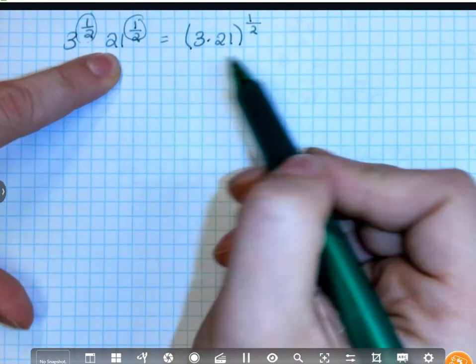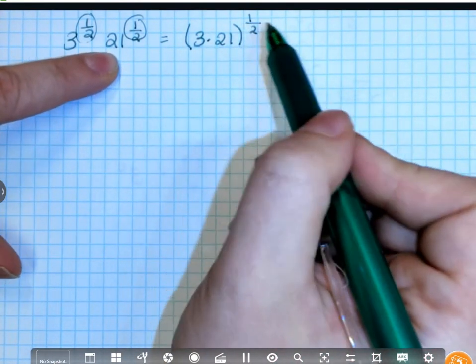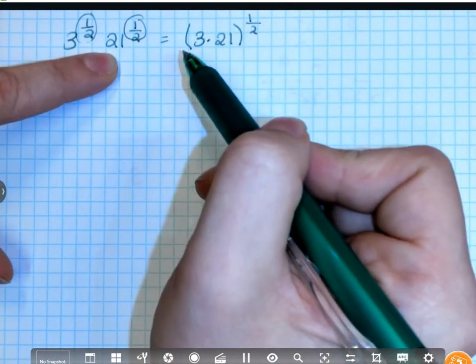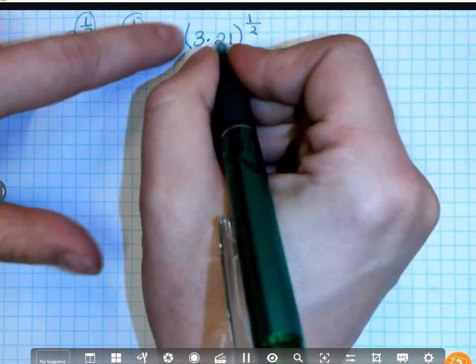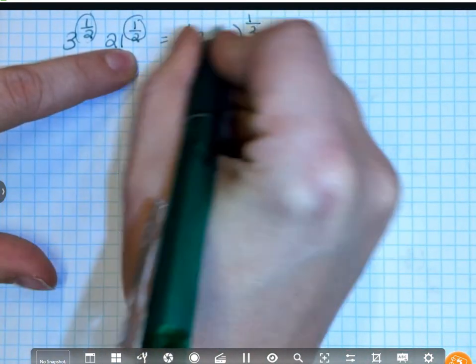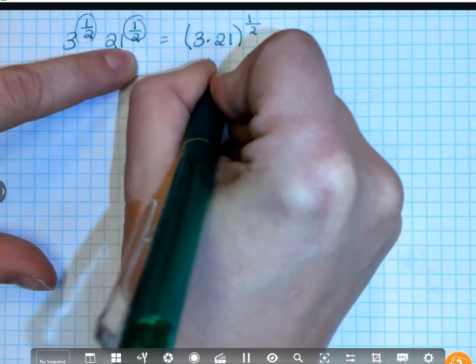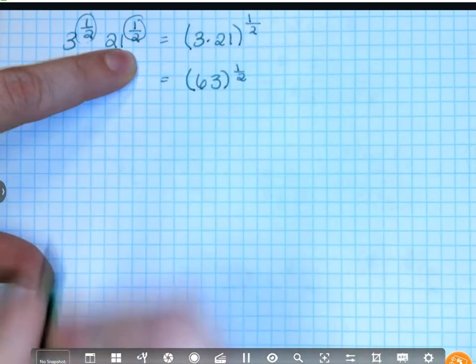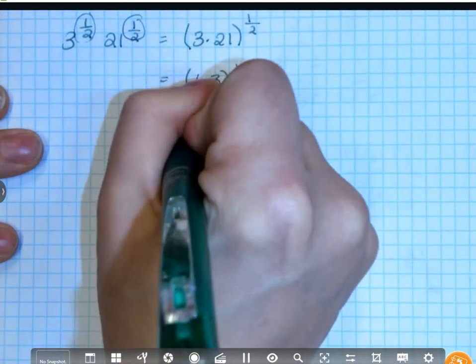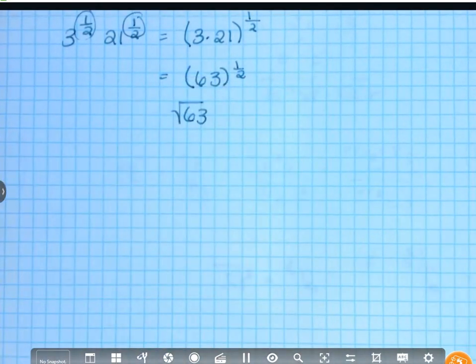Are you okay with these two are equal? Because this is if I were to bring that exponent in. What is 3 times 21? 63. Or we can think about that as the square root of 63. That's okay. It happens. Just want to make sure you understand.